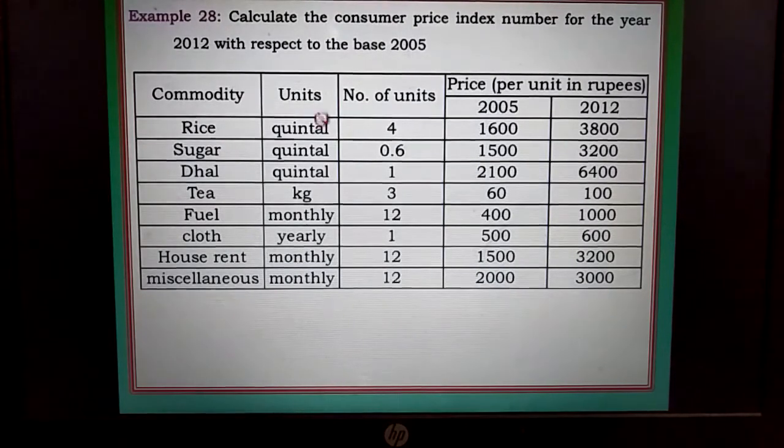Commodities are given, units of these commodities are given, number of units have been given, prices have been given as 2005 and 2012. Price in 2005 is nothing but P0, price in 2012 is nothing but P1. Then later, number of units also has been given. This is what? Quantities.